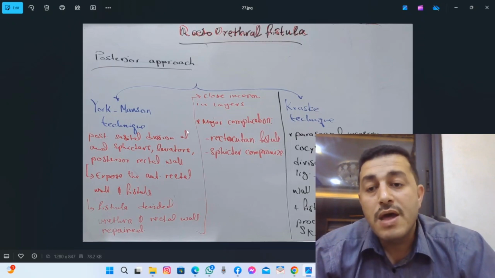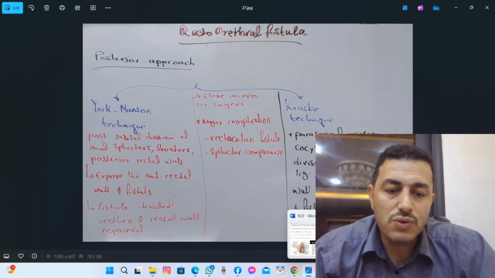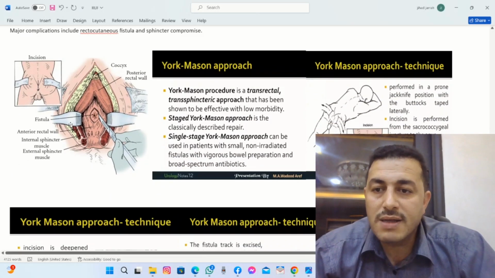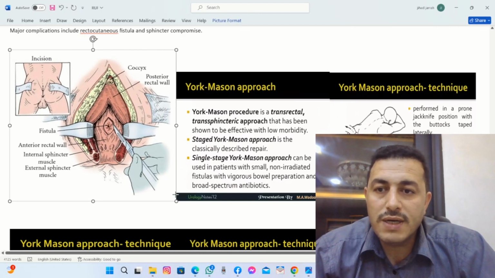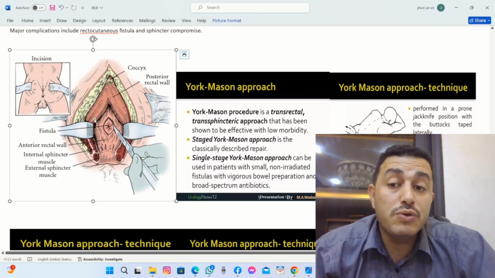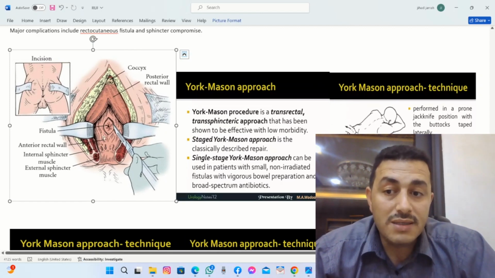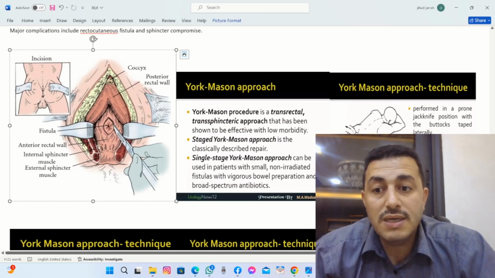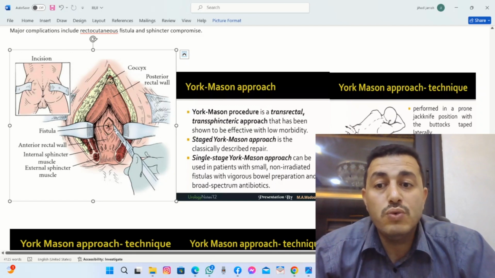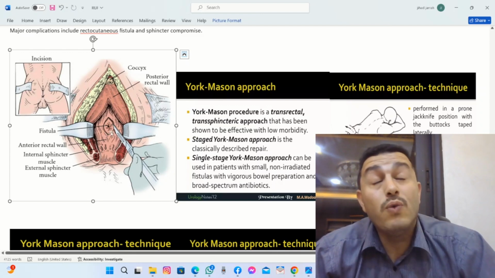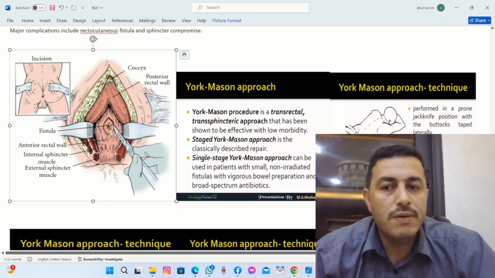Kraske technique. The York-Mason technique, just to explain for you, this is the York-Mason technique. What you see in front of you is the posterior rectal wall. We cut it with the sphincter, as you see. We cut the external and internal sphincter until we reach the anterior rectal wall where the fistula should be.